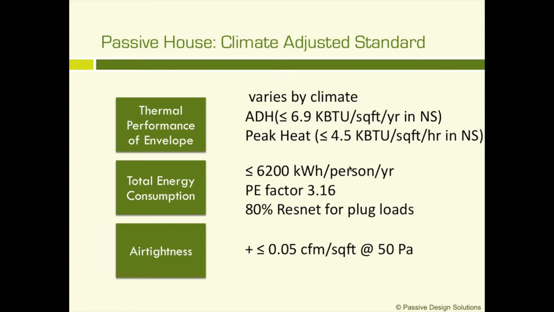They added the calculation of plug loads at 80% of ResNet calculations, which is much higher than the German estimates for lighting within a passive house. The air tightness metric was changed to CFM per square foot rather than air changes per hour based on the volume.